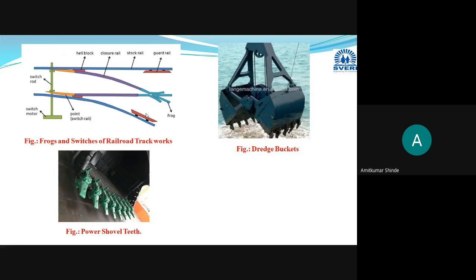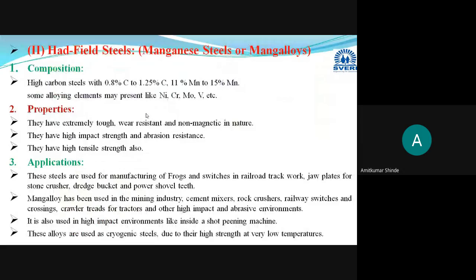Okay, try to remember the images and try to understand what the requirement is in that particular application, which kind of properties are needed, then for getting those properties, which kind of elements or chemicals are needed. Depending on that, you can decide or write the composition here. So this is the Hadfield steel.